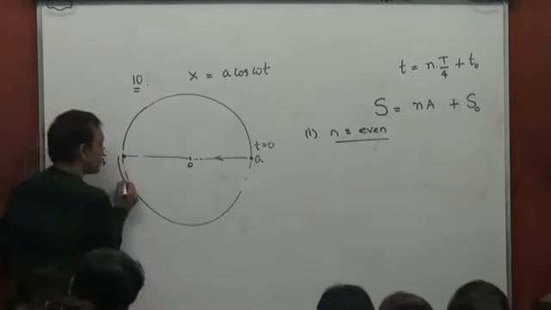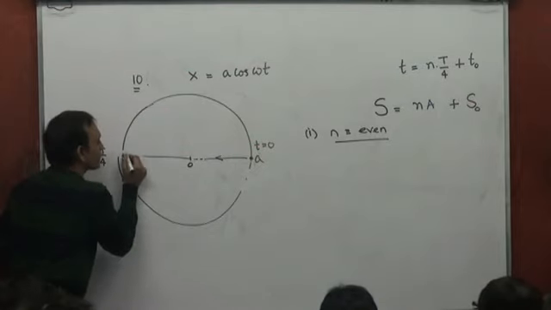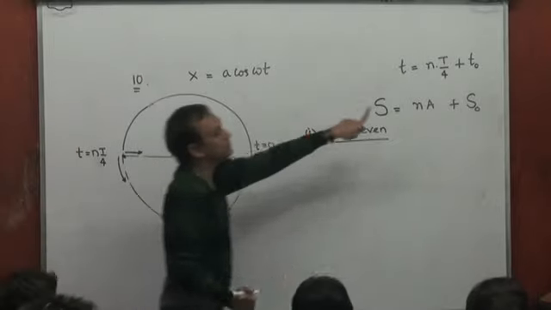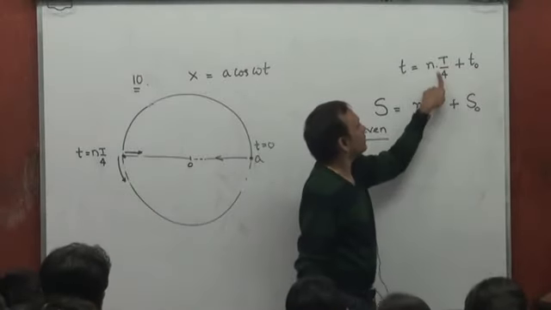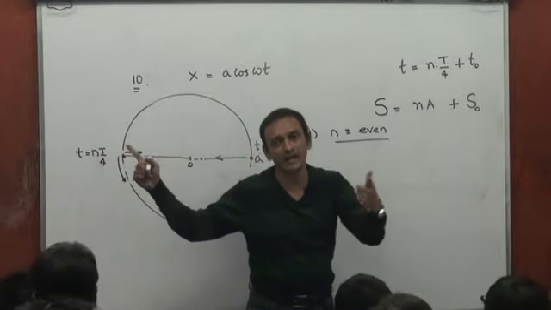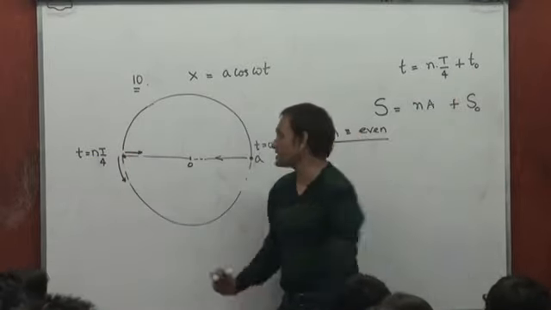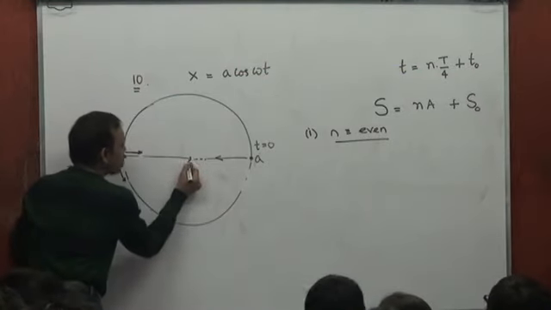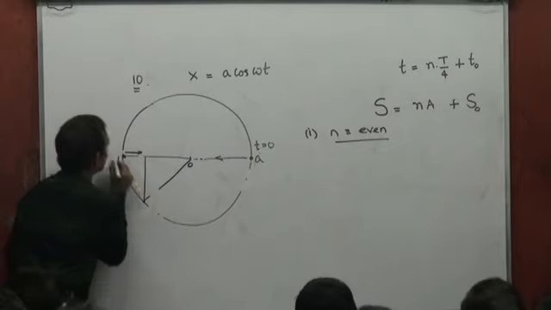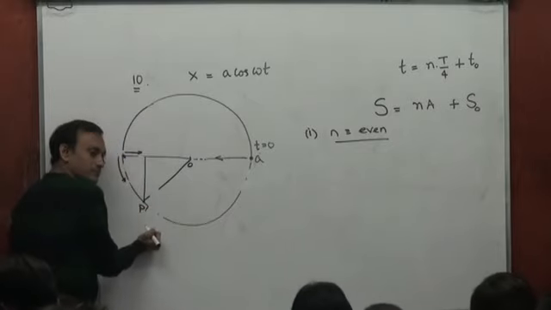Now the oscillator is going this way. What's the remaining time? t naught seconds. This is taken care of: n T by 4, nA meters. Now in t naught seconds, the auxiliary particle would have come to this point, P prime.